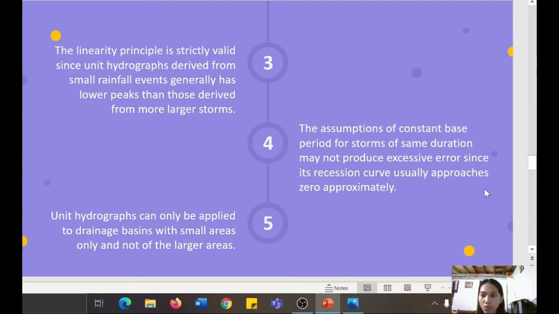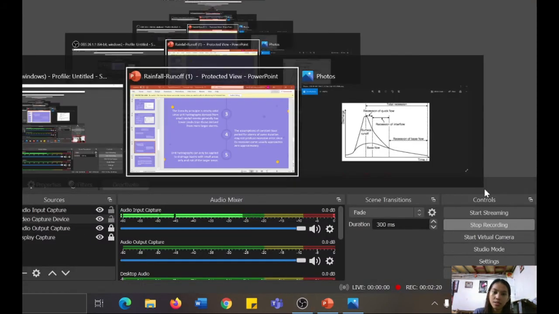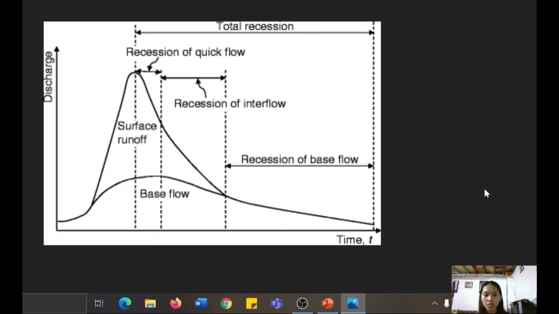So for this fourth limitation, I'm going to show you an illustration. So here, this is the recession curve. As we can see here, the time is also dependent on discharge.